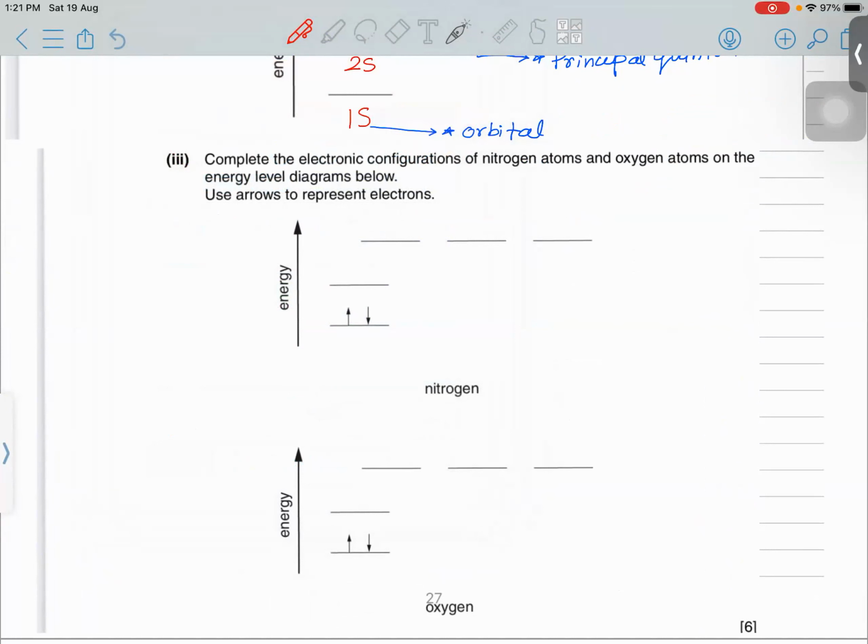For nitrogen, it's going to be 1s2, then 2s2, and then 2p3.